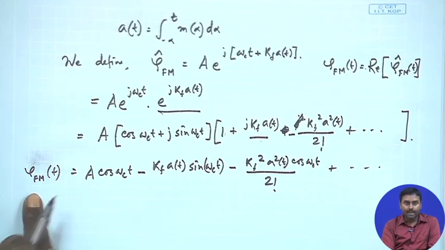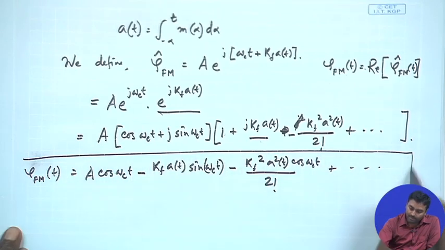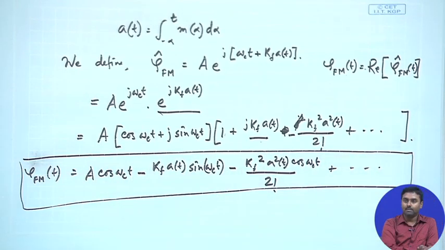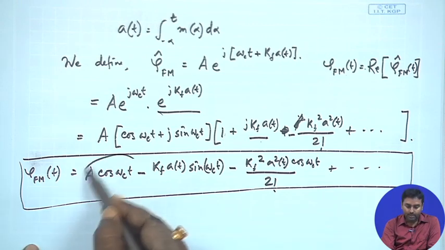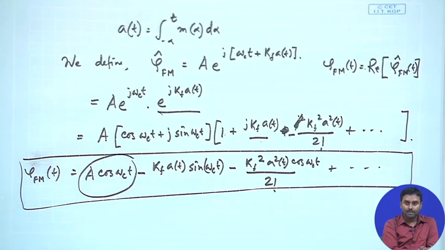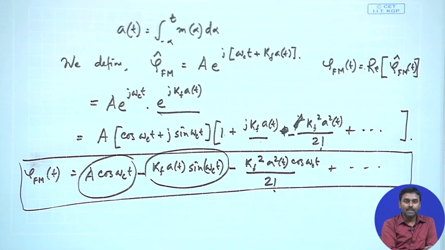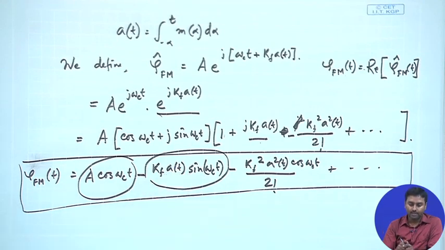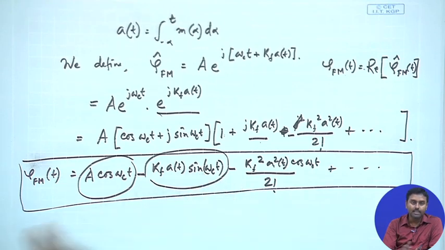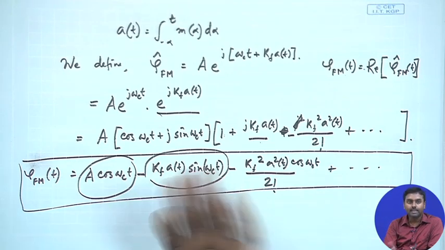So, what I have done is get an expansion of phi FM utilizing this. Carefully see, it has a cosinusoidal term, which is the carrier term. The next one is just like a DSBSC by a(t). That integrated signal, whatever it is, is as if you are doing a DSBSC. Of course, in DSBSC we do it with cos, but here it is by sine.